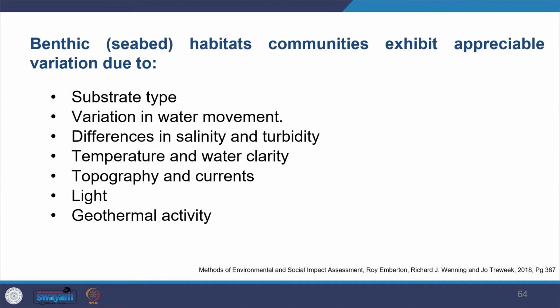And there are a lot of differences in the salinity and turbidity in this particular area. And then there's also variation in the temperature and water clarity. You would also see differences in topography, currents, light, and geothermal activity in this particular zone.